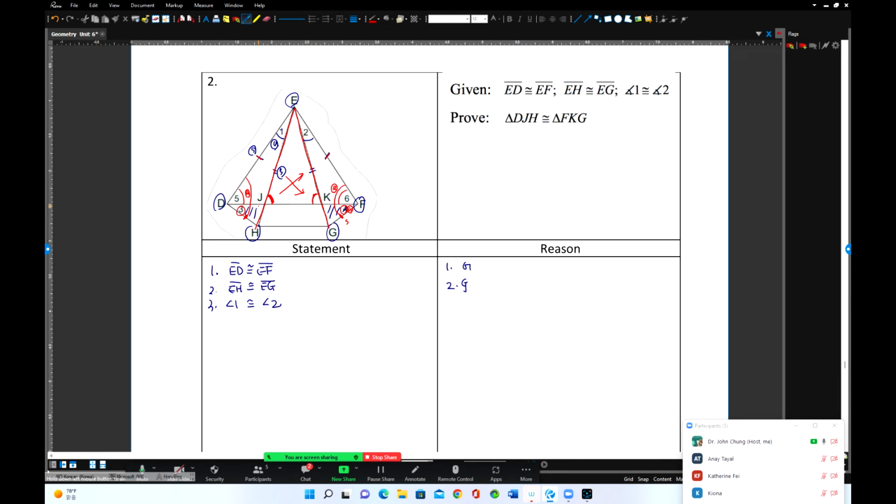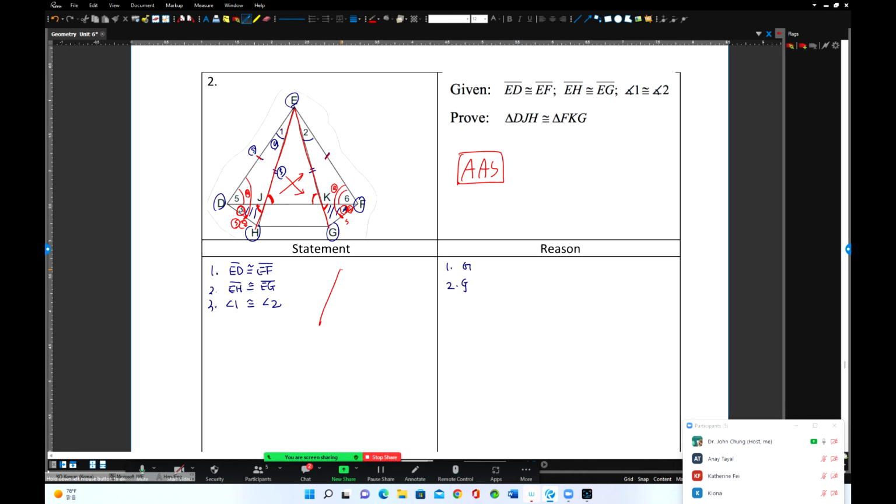Using this one, the opposite vertical angles are congruent. So what do I get? Side, angle, side, angle. What is it? Angle, angle, side. Okay, you can go angle, angle, side.